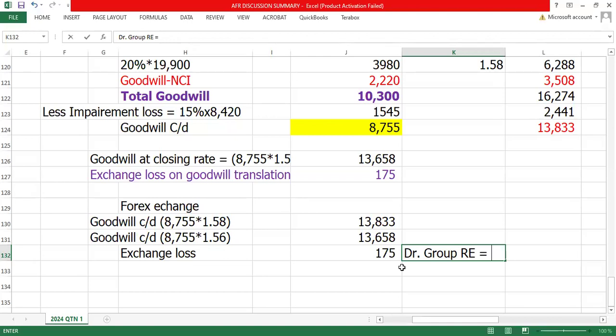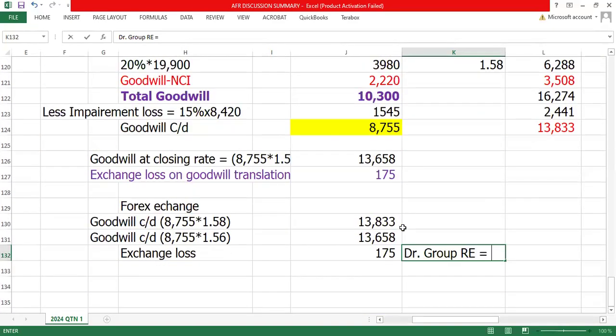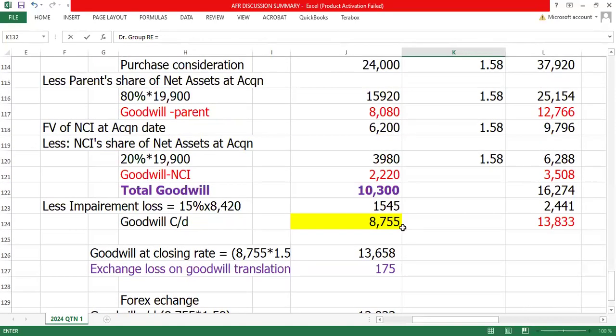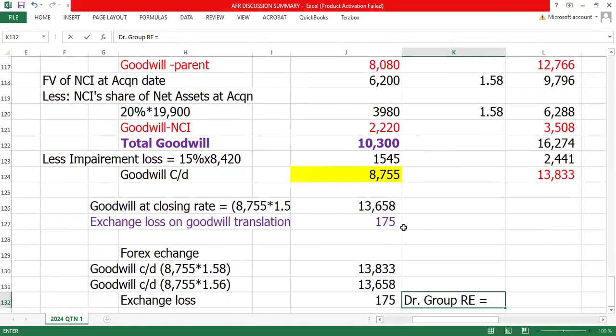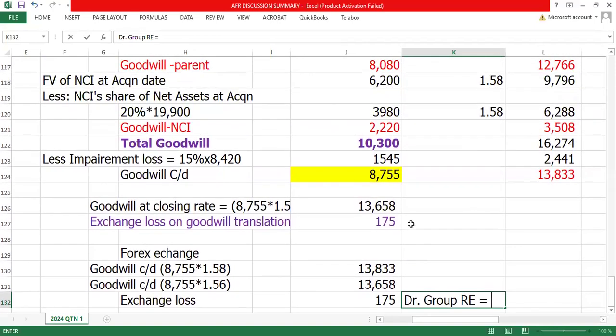But it affects it because we got a positive NCI and we have been using it throughout. The exchange loss affects only the retained earning.